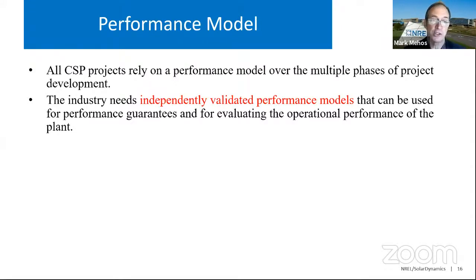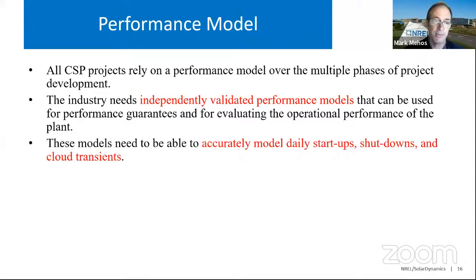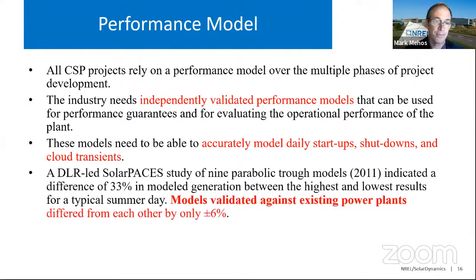But those models are used for performance guarantees and for eventually evaluating the ongoing performance of the plant. This is extremely important. These models need to be able to accurately model the transients of the plant, the daily startups, the shutdowns, cloud transients. Next slide, I'll talk about how often they need to, how high resolution you need to model that at.